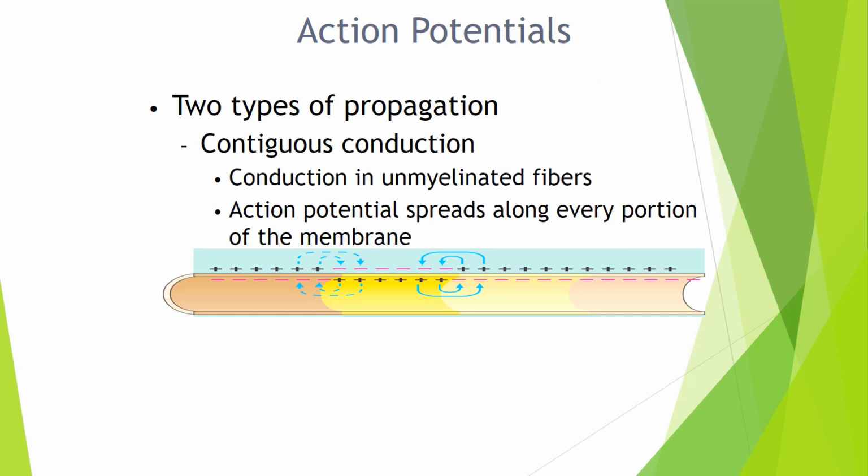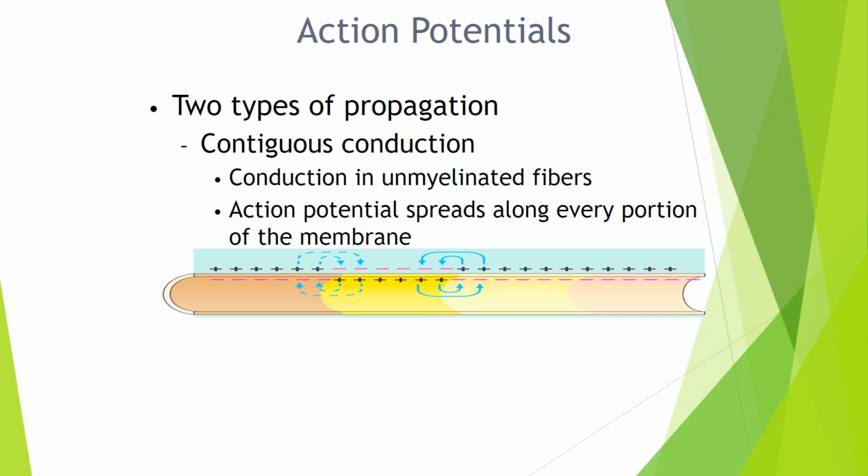There are two types of action potential propagation. The first is contiguous conduction and the second is saltatory conduction. So with contiguous conduction, the action potential will be conducted primarily in unmyelinated fibers, typically within those small diameter axons and the very short ones.